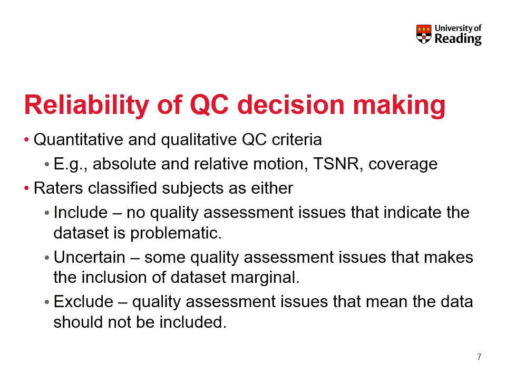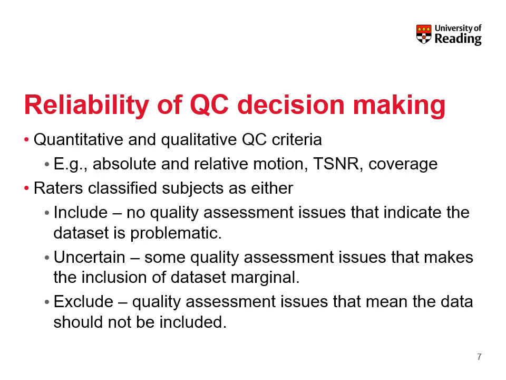Several other qualitative assessment measures were defined based on plots generated by fMRI QC and are described in detail in our manuscript. Raters reviewed and classified subjects as include if there were no quality assessment issues, such as a failure of one of our quantitative and qualitative criteria. They also rated cases as uncertain if there were some quality issues that made the dataset marginal, but no failure on quantitative criteria.